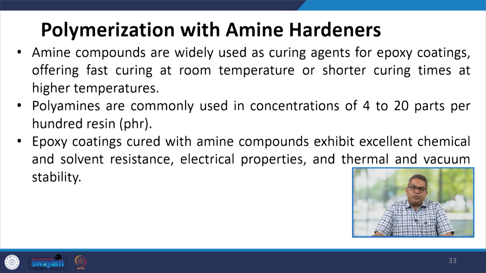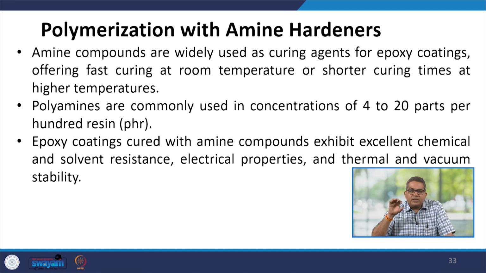Now, amine compounds are widely used as curing agents for epoxy coating. They offer fast curing at room temperature or shorter curing time at higher temperatures. Polyamines are commonly used in concentrations of 4 to 20 parts per 100 resin.